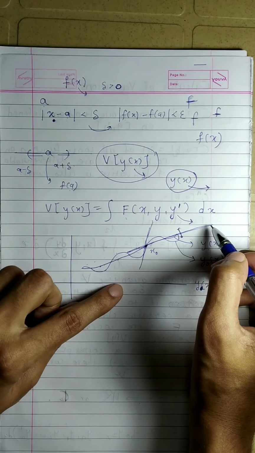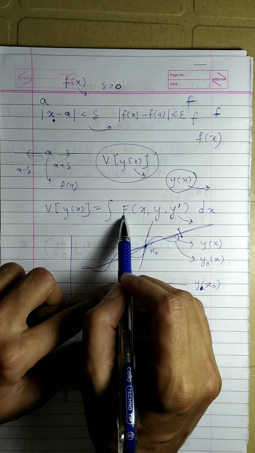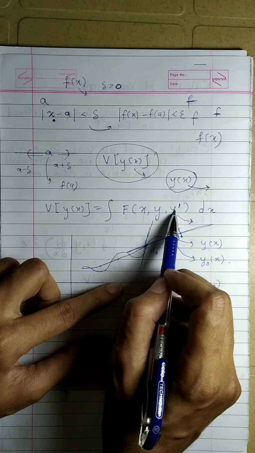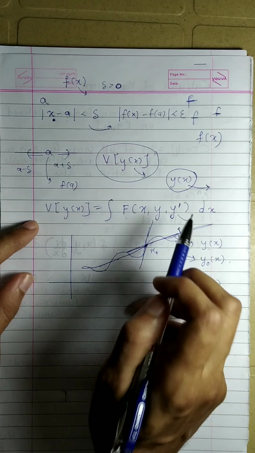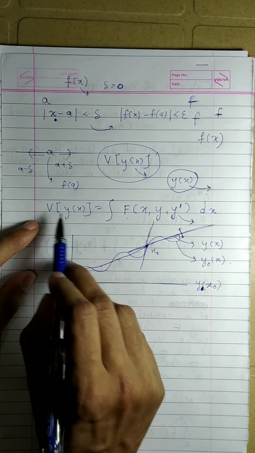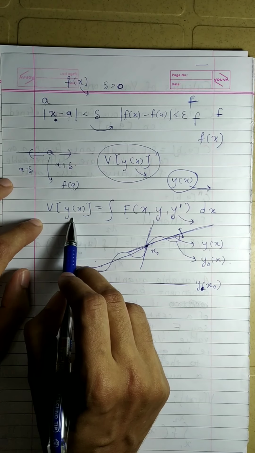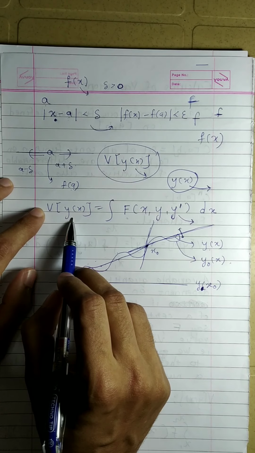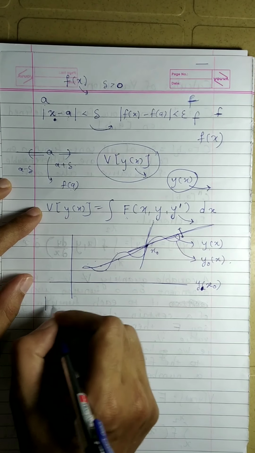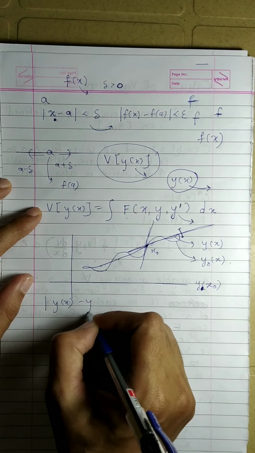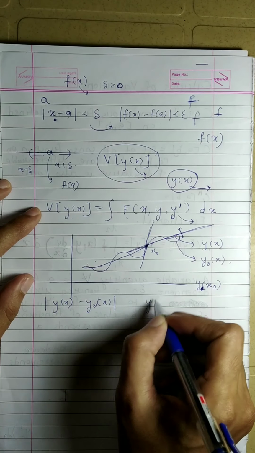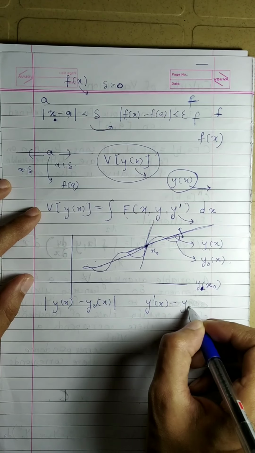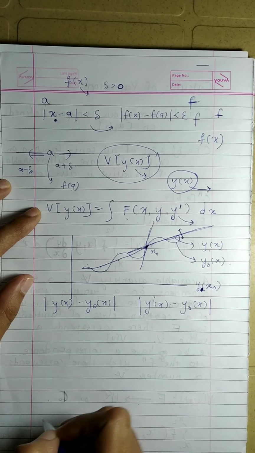Okay, so because this is depending on y and y dash also, when we talk about continuity of the functional v[y(x)], we will have to take care of the term this as well as the term this.